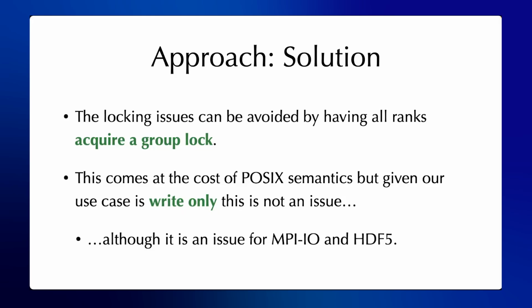MPIIO and HDF5, practically speaking, can't do this because they don't know what you're going to do next. And this group lock has some issues with being able to read your writes. Again, not a problem for us. I'm just writing out a checkpoint file. So it's all good for me, but it's something that HDF5 and MPIIO can't really take advantage of.